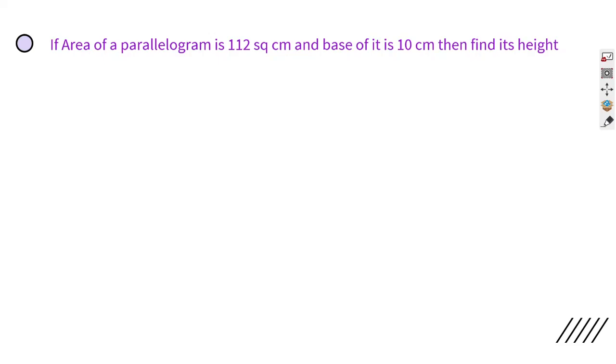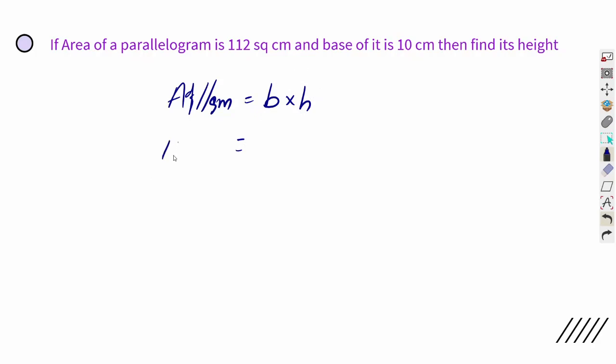So it will again be substituting in the formula. Area of parallelogram is equal to base into height, where area is given as 112 square centimeter, base is given as 10 centimeter, and height is not given.